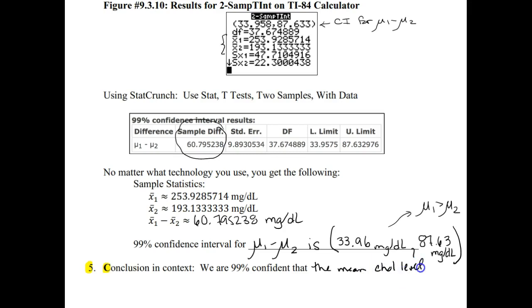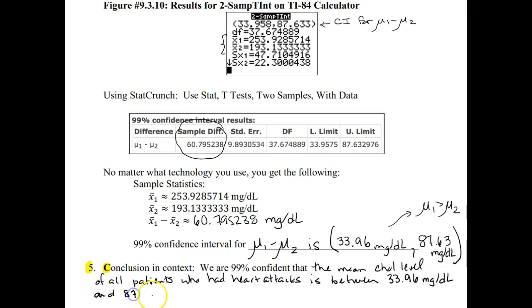Okay, so we are 99% confident that mu1, the mean cholesterol level of all patients who had heart attacks, is between 33.96 milligrams per deciliter and 87.63 milligrams per deciliter more than mu2, the mean cholesterol level of all healthy patients.